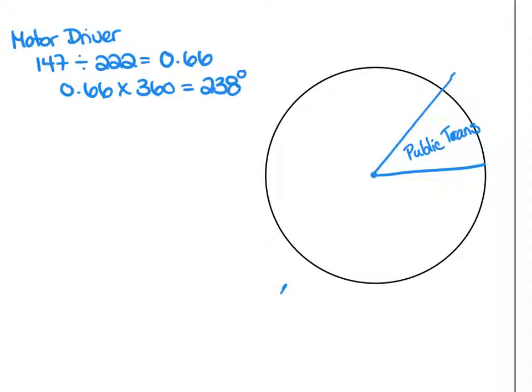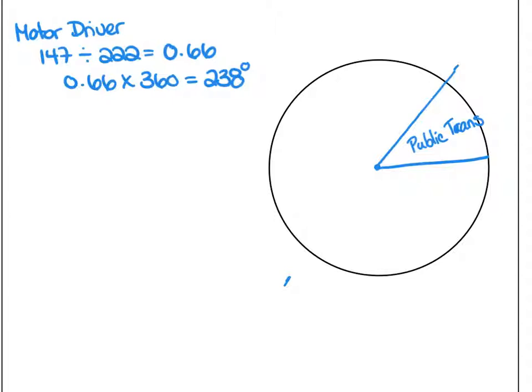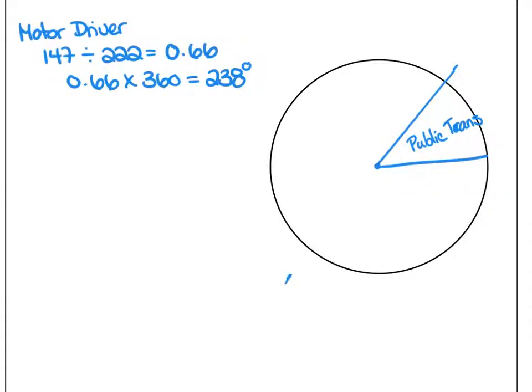So I need an extra 58 degrees. So we'll line it up. And we'll draw it on, and there is your, this is motor vehicle driver.